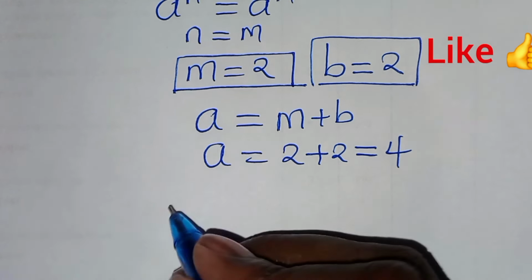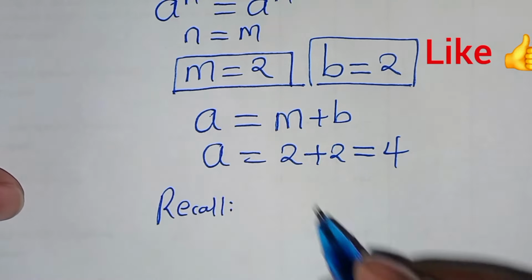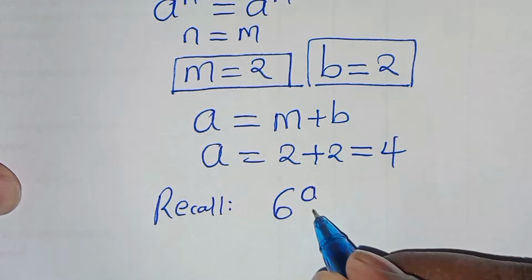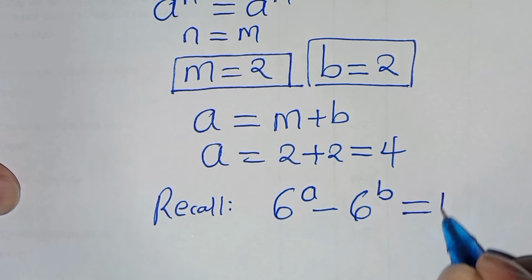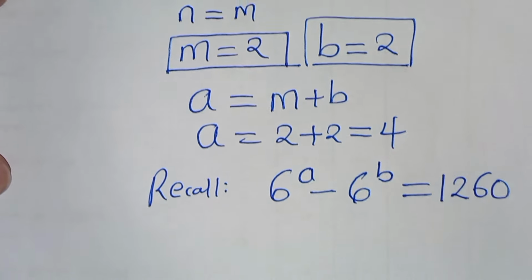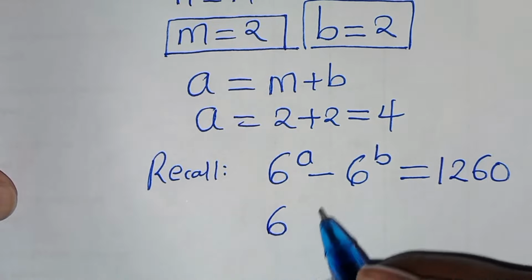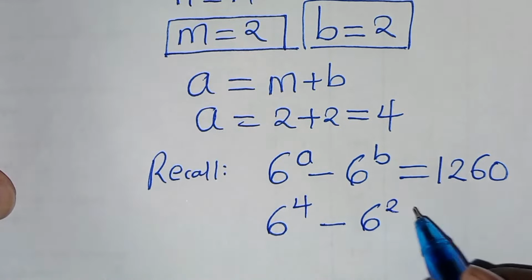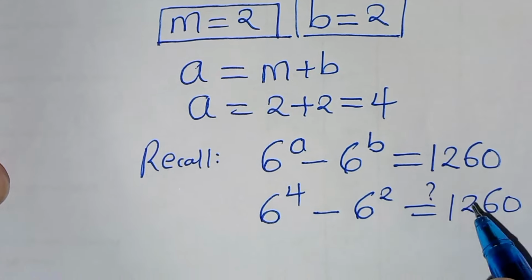The next step, if you recall, 6 to the power of a subtract 6 to the power of b is supposed to give us a value of 1260. Substituting the values of a and b, we have 6 to the power of 4 minus 6 to the power of 2, which should give us 1260.